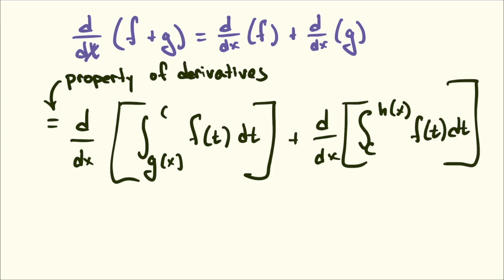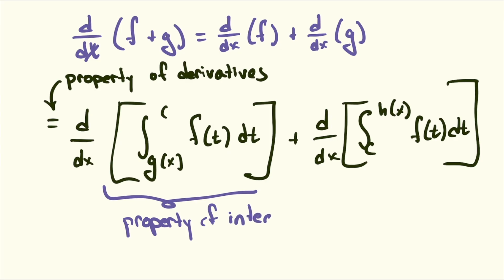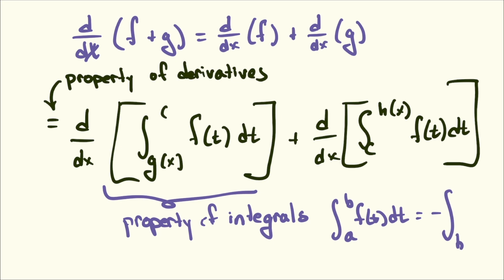Now there's one other thing that I'm going to put in here. It's just kind of a little thing that we're going to pop onto the side here. We're going to flip this integral upside down. So, property of integrals, this is a nice one to remember: if you have a to b of whatever function you're working with, you can put a negative sign out front and flip your bounds.